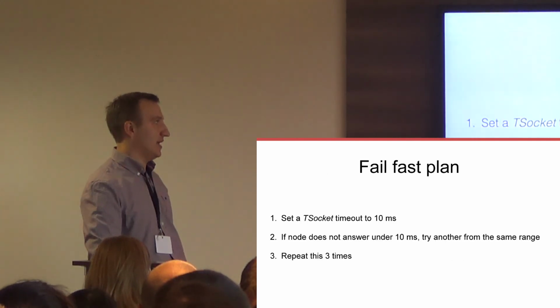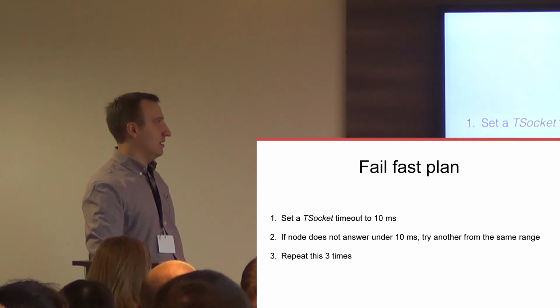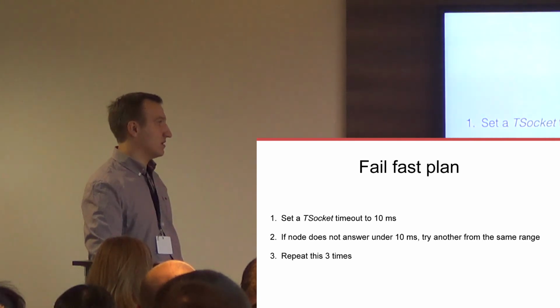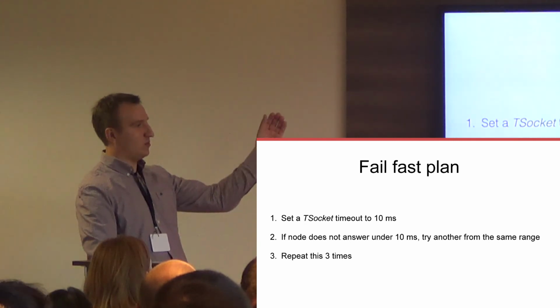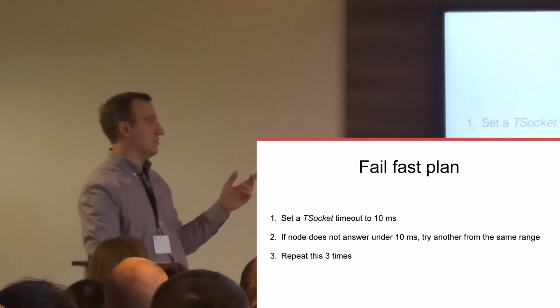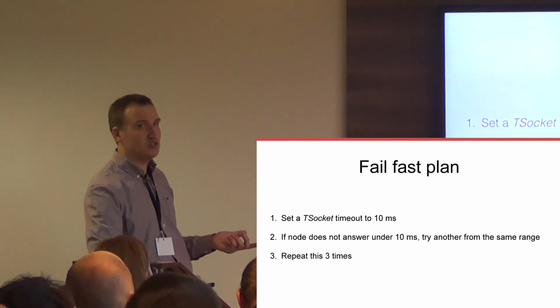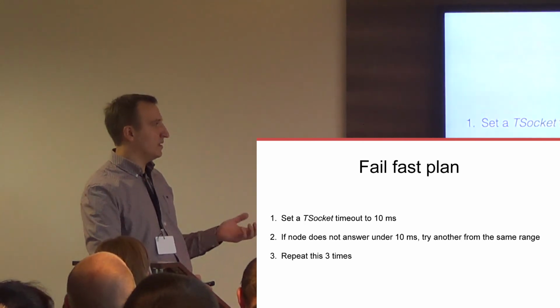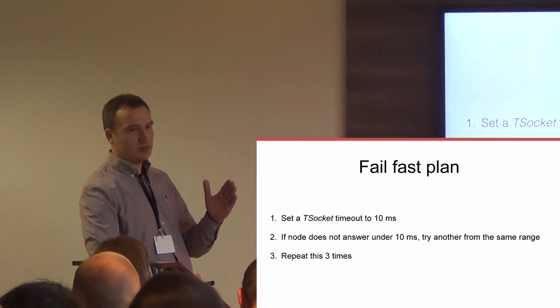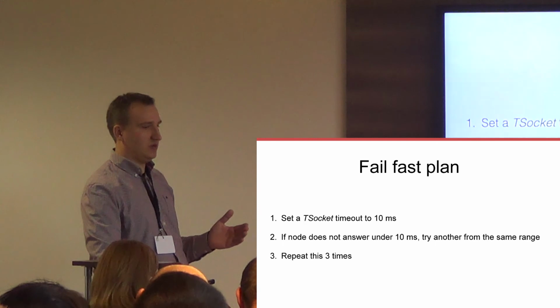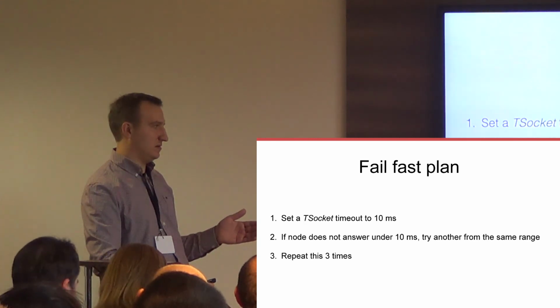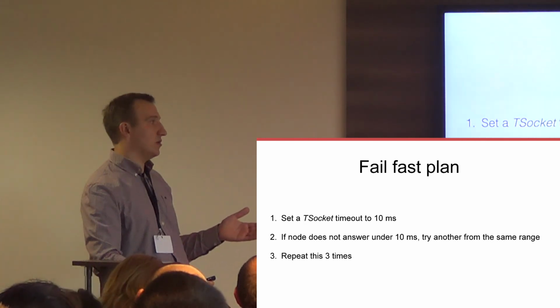So we had a plan: setting a socket timeout to 10 milliseconds while trying to read from one Cassandra node. If that node is in a GC pause, then let's switch to another node, because Cassandra is fault tolerant, and you can set the replication factor.